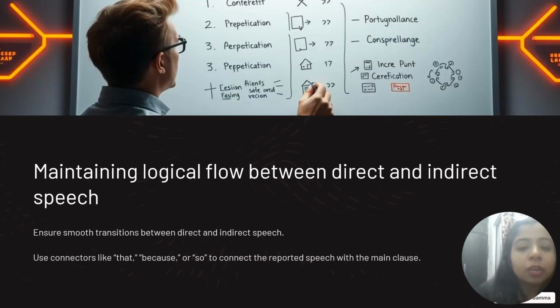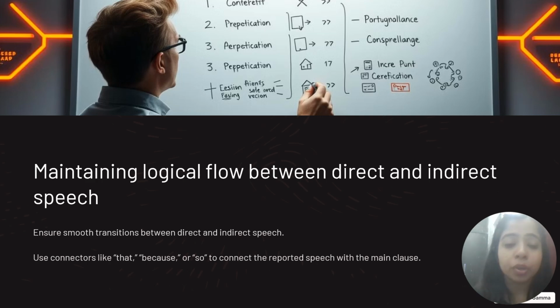Now we will be talking about maintaining logical flow between direct and indirect speech. It is very important to maintain the flow when you are converting from direct to indirect speech, because it can lead to miscommunication. If you do not present the direct speech properly and you put your own words which mean something else, then obviously it will lead to miscommunication.